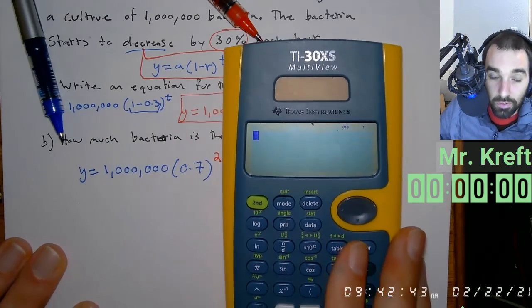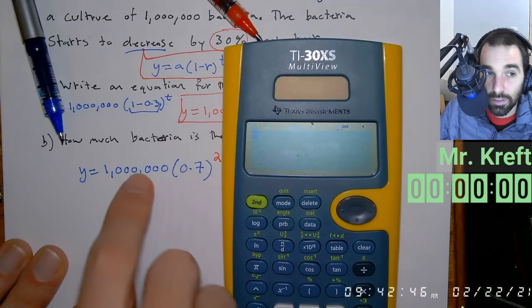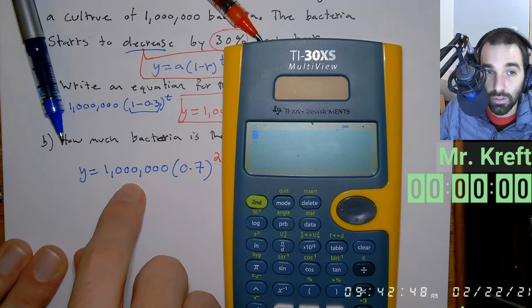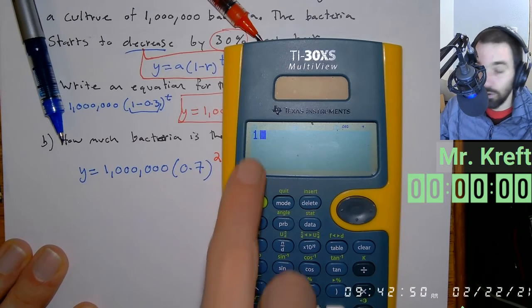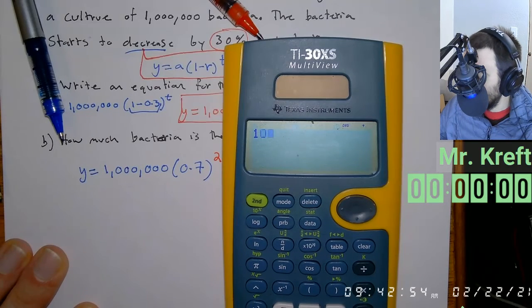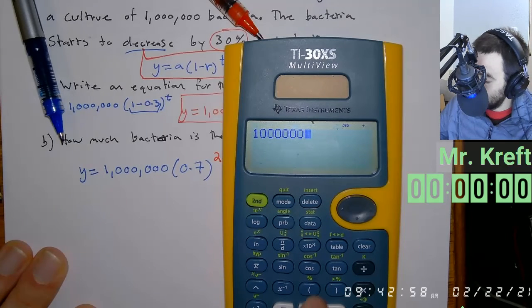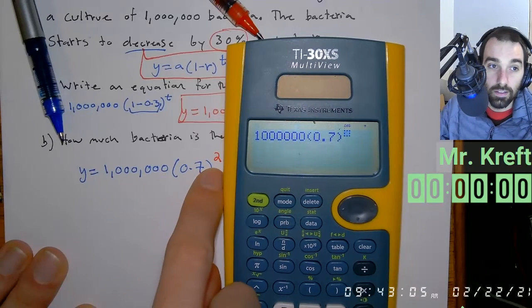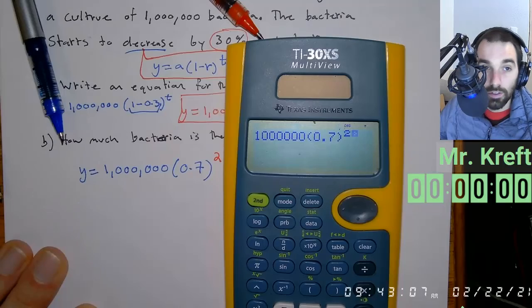Sometimes it can be difficult typing into a calculator if it doesn't add commas, so what I do is I do the number in front and then I just count how many zeros. There's 6 zeros, so I go 1, 2, 3, 4, 5, 6, and then 0.7, and then I'm raising it to the second power.